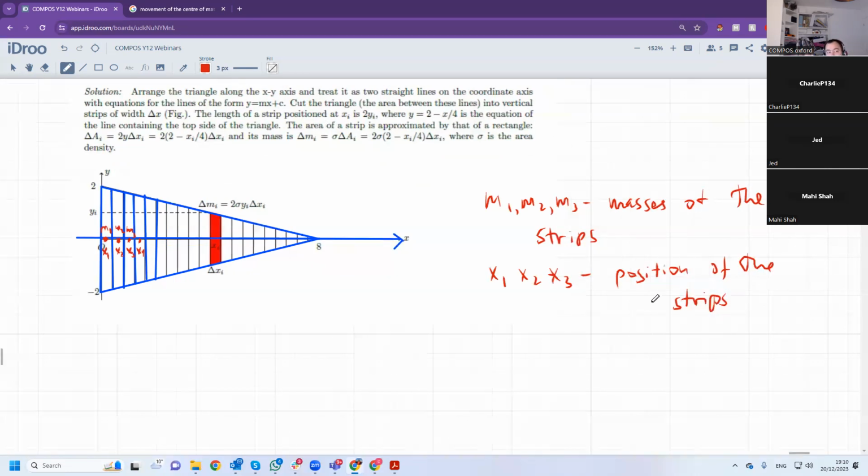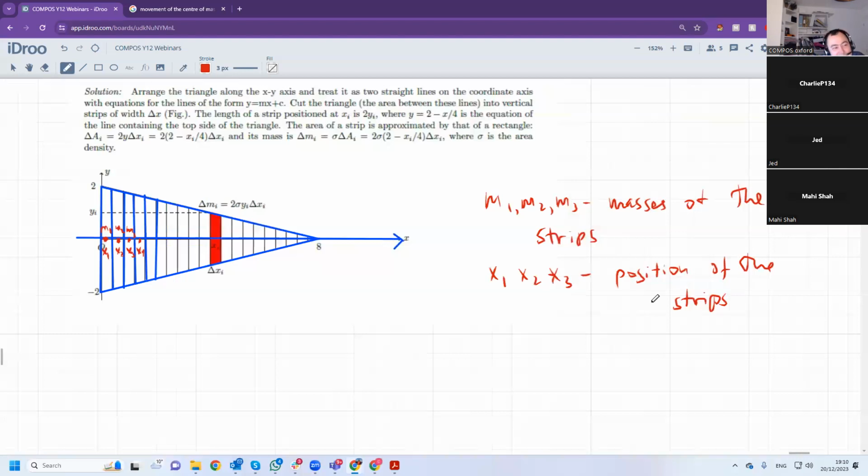Now, what is the shape of each strip? I mean, it's a simple question. Trapezium, thank you. It is a trapezium. But if the strip is very narrow, you can assume it's a rectangle.